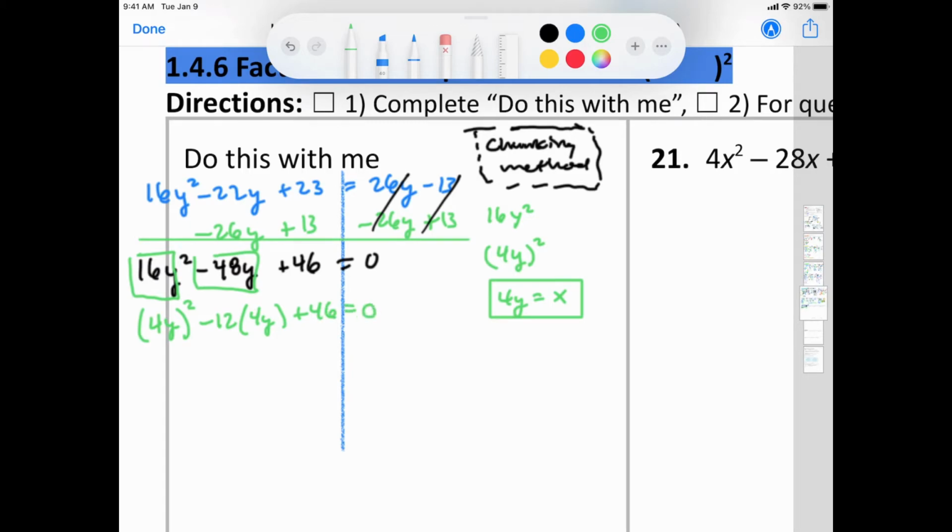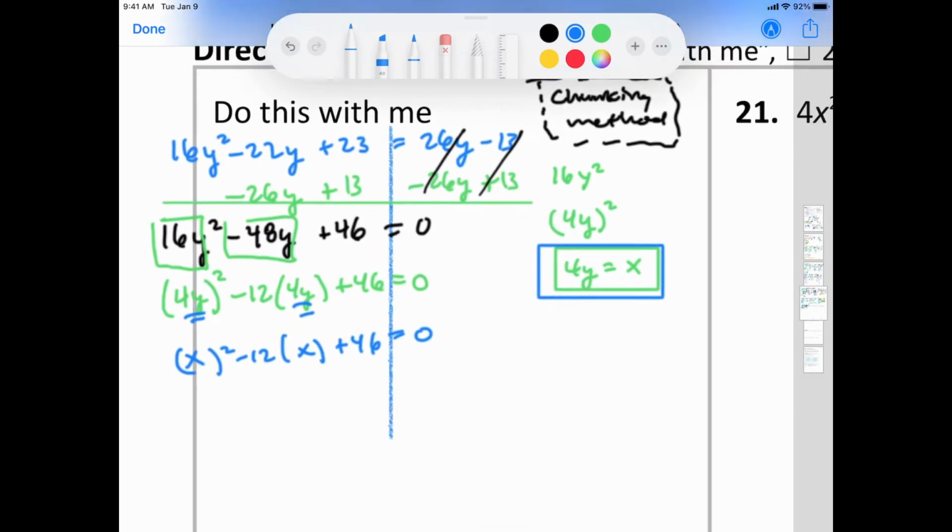Let's see if this works, okay? Every time I see 4y, I'm going to write x.